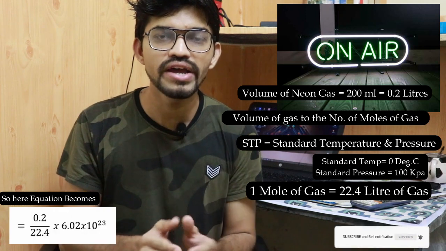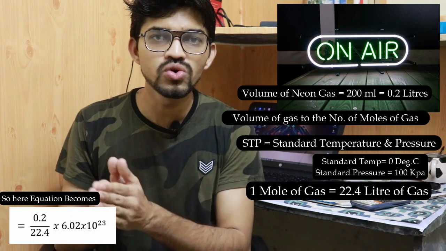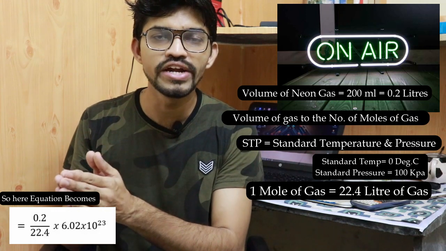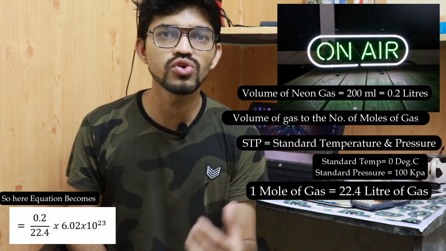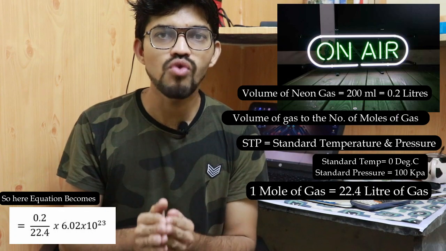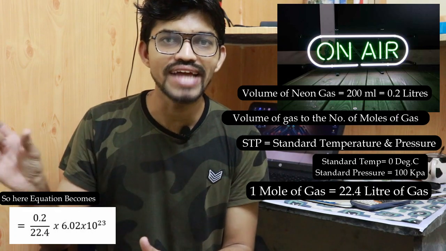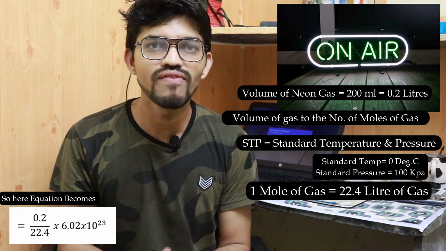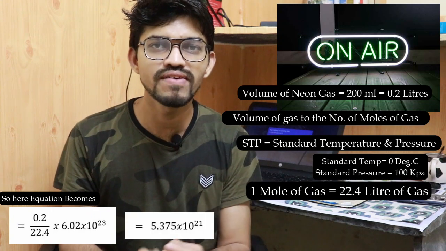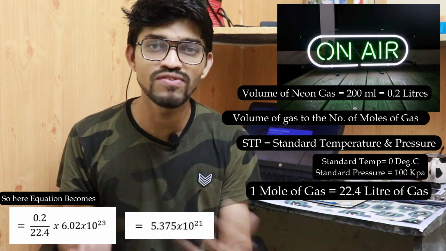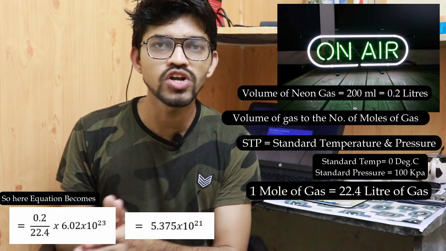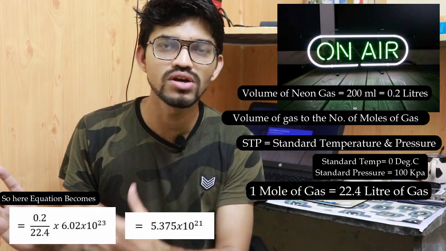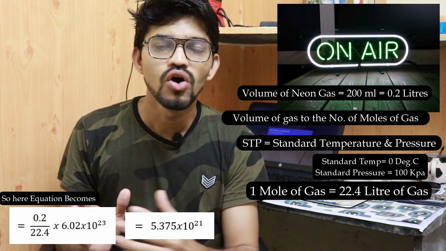So 0.2 divided by 22.4 into 6.02 into 10 raised to 23, that is Avogadro's number. This will give you the total number of atoms present in that signboard. This gives a value of 5.375 into 10 raised to 21. So this is the total number of neon atoms present in the signboard with a volume of 0.2 liters.